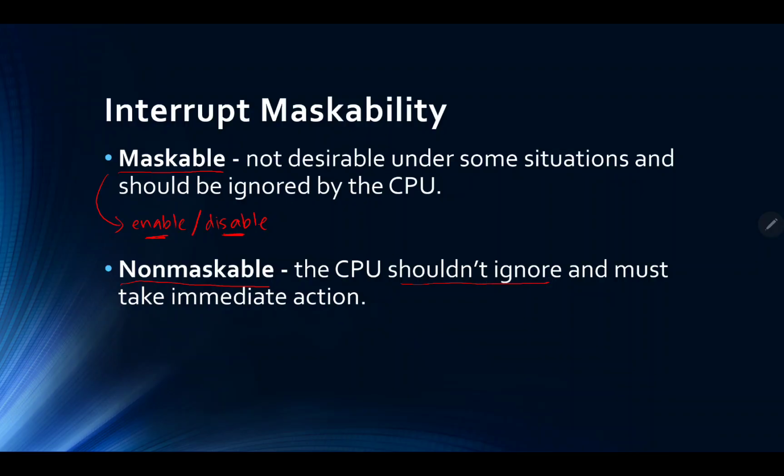Let's say you are studying in a classroom, then suddenly you hear the fire alarm. That is something you shouldn't ignore and must take action on immediately. So in a nutshell, that's what maskable and non-maskable mean. Maskable allows you to enable or disable. Non-maskable, you cannot disable. The moment you receive such an interrupt, you cannot ignore it and you have to take immediate action. So these are some of the concepts.